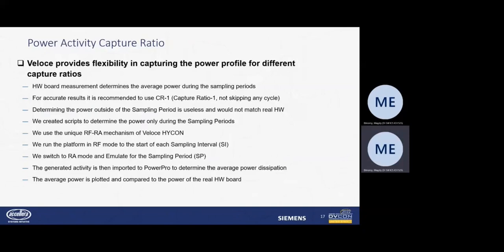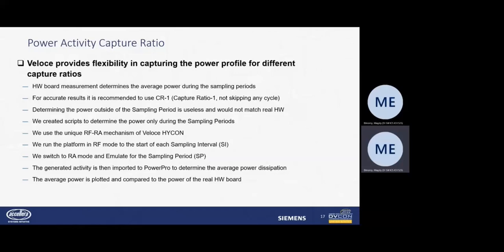Then you need to sample the current or the power for many cycles in order to measure a meaningful value for the power. Increasing the capture ratio to a value like 4 or 8 or even 1024 would speed up profiling the power.